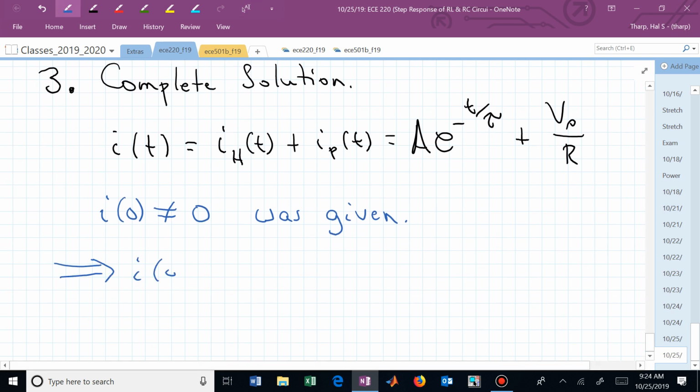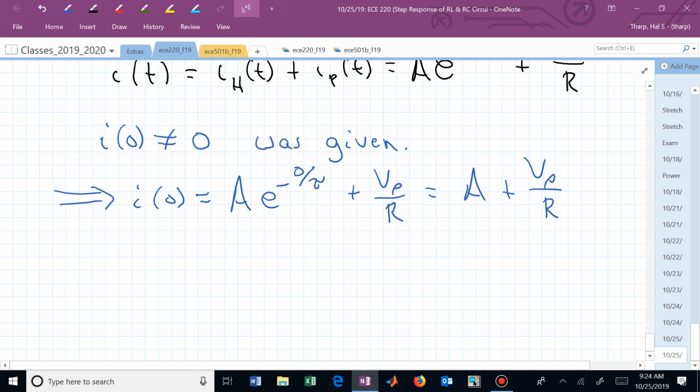We now have that complete solution at time 0. So we now know I of 0 is equal to A e to the minus 0 over tau plus v sub s over R. Or this is now A plus v sub s over R, and we can now solve that for A.